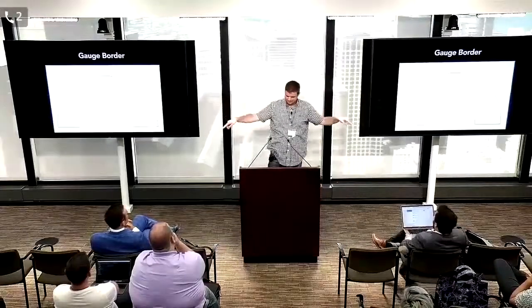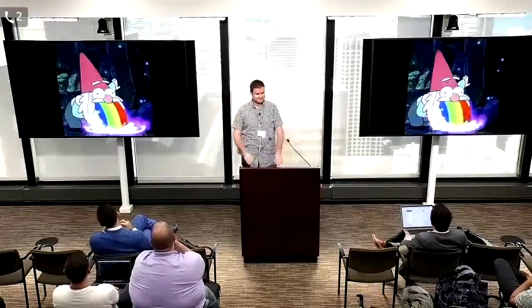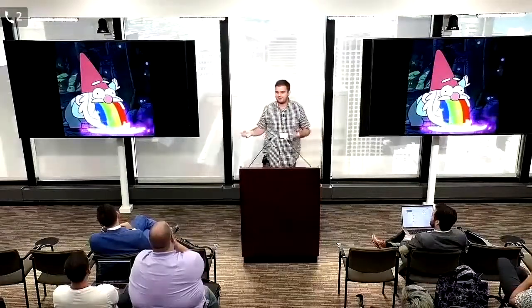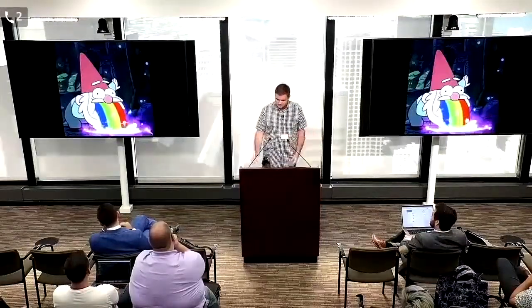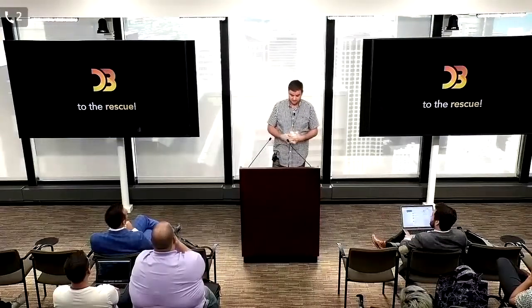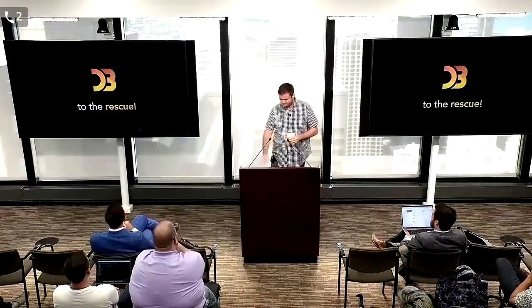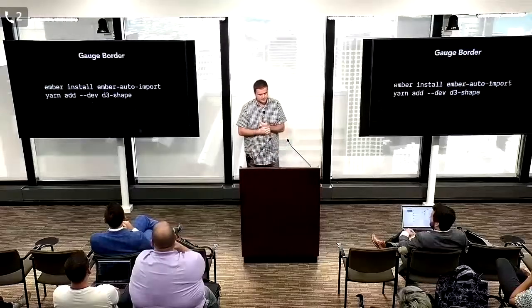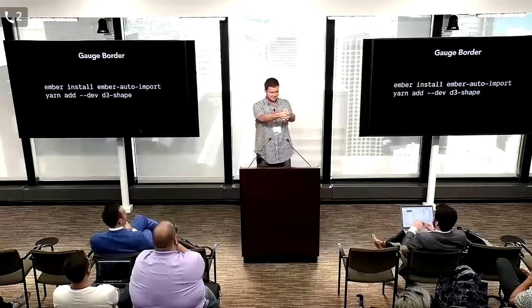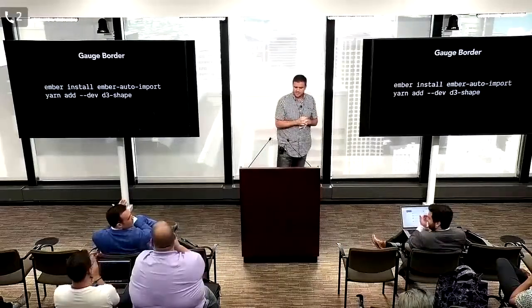This shape. I don't know how to draw geometric shapes using JavaScript, so this is where we can really lean on some open source solutions to help us out. The first thing we're going to do, please install Ember Auto Import. This is the greatest thing. Thank you, man in the orange.